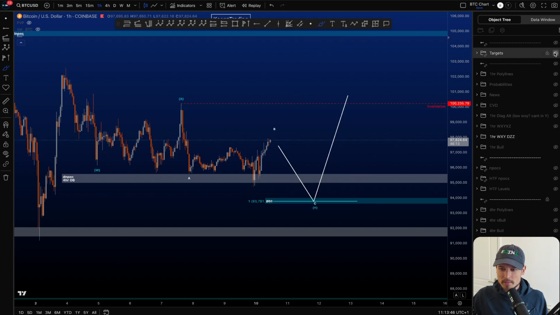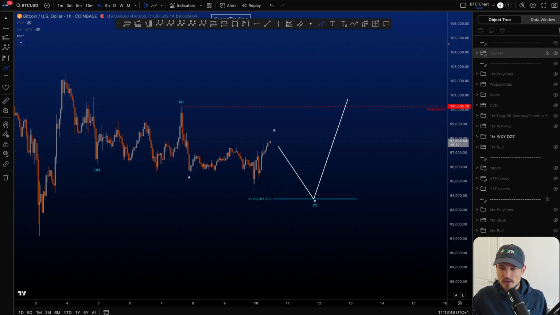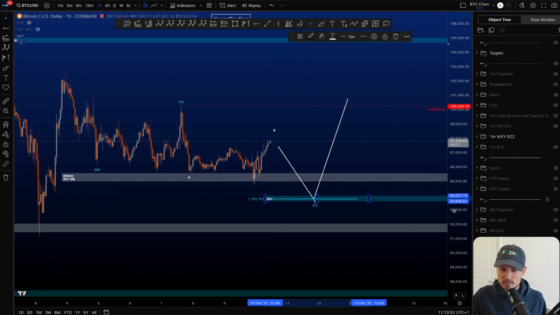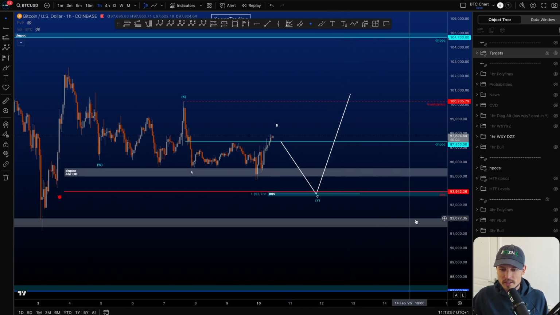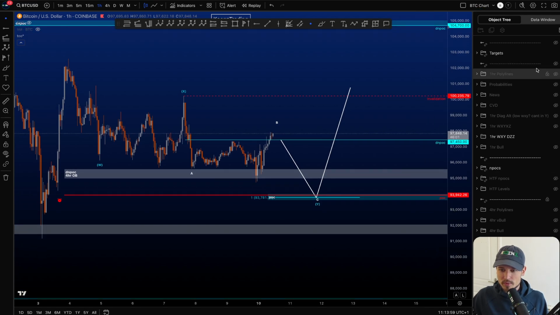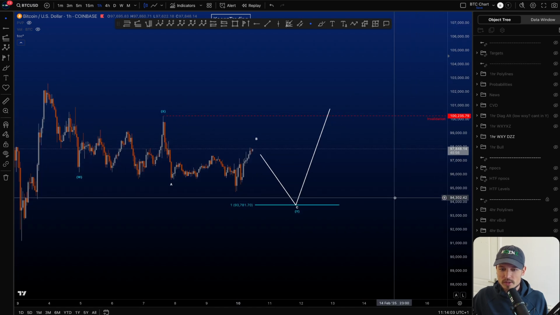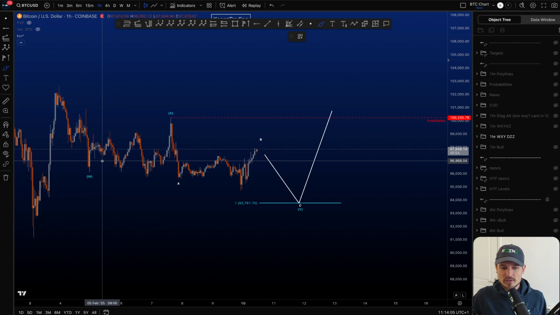If we then look at some other scenarios where we do take out the low and actually test the lower support that we still have here, another blue box between 93.6 and 97k, which includes this point of control here at 93.9, then this is the first scenario that comes to mind, which quite simply is an unfinished WXY.